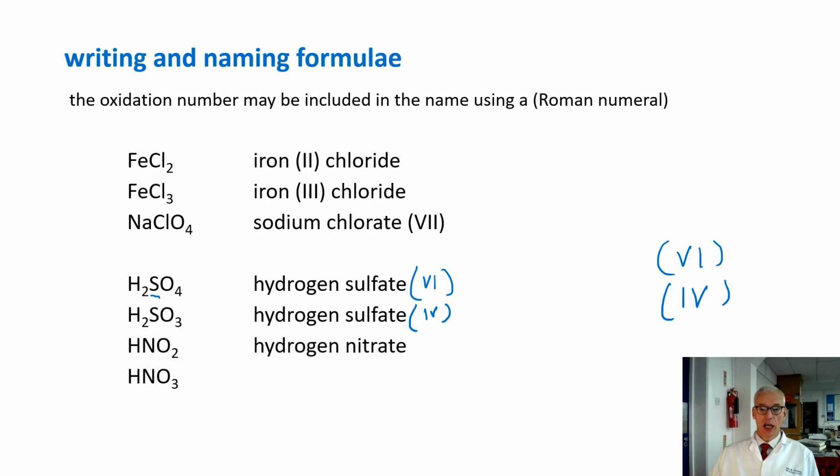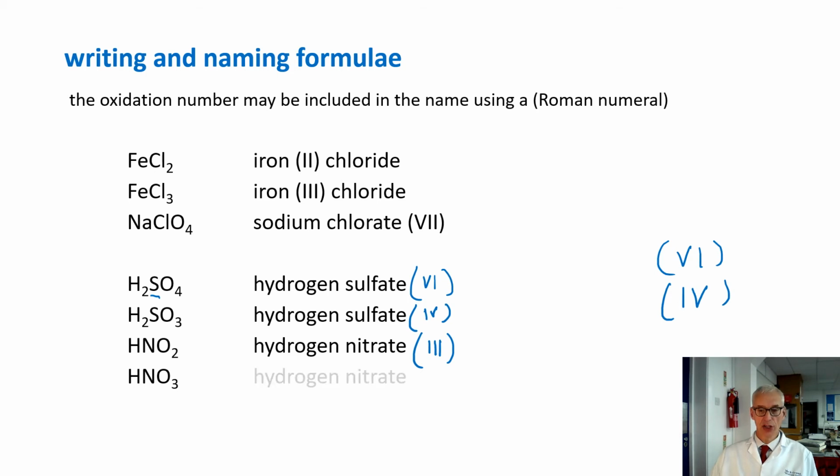HNO2 is hydrogen nitrate, that is, we've got hydrogen and then nitrogen combined with oxygen, so hydrogen nitrate, but we need the oxidation number of the nitrogen. So the oxidation number of nitrogen there is 3, so it's hydrogen nitrate 3.